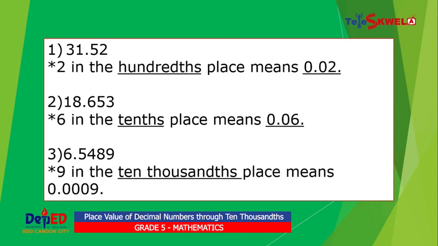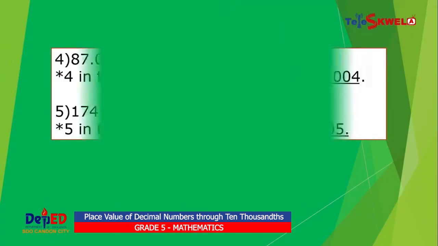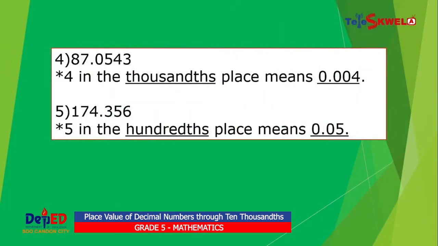Number 3. 9 in the 10,000ths place means 9 10,000ths. Number 4. 4 in the thousandths place means 4 thousandths. And number 5. 5 in the hundredths place means 5 hundredths.